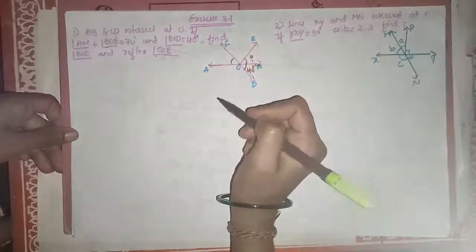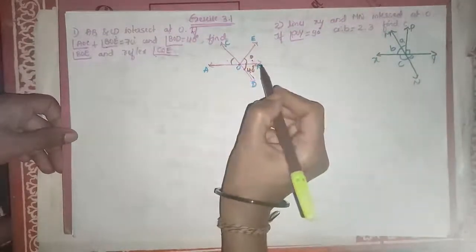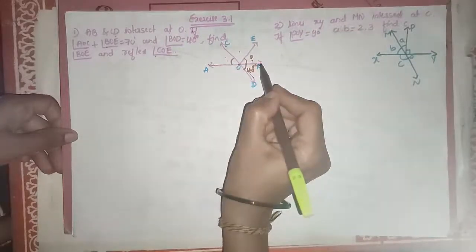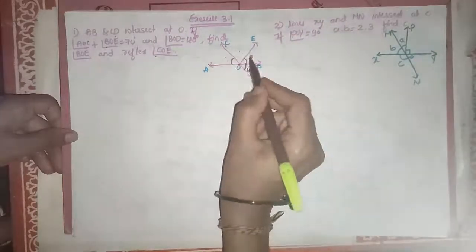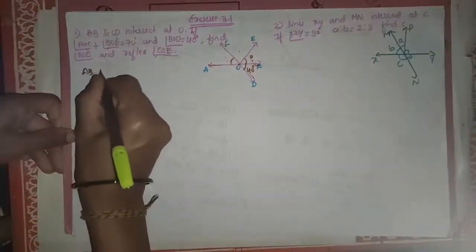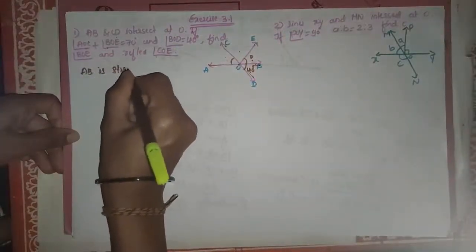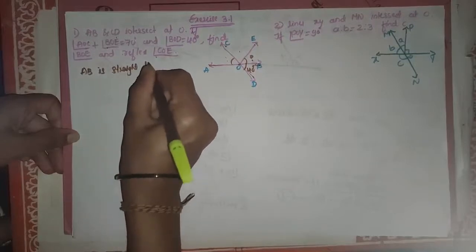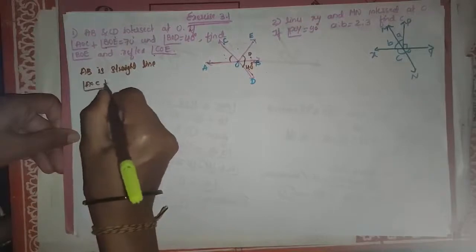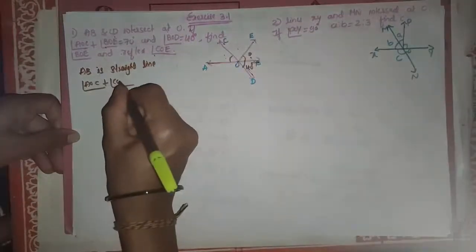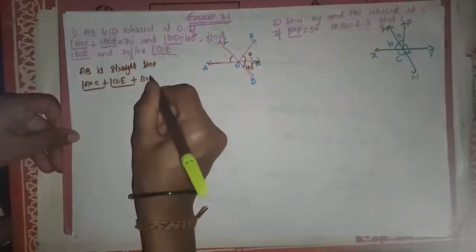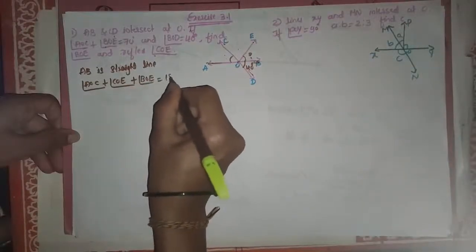So here we know that AB is a straight line, then the sum of all three angles is 180. If AB is a straight line, means 1, 2, 3, the sum of three angles equals 180. So here AB is a straight line. So that's why AOC plus COE plus BOE equals 180 degrees.